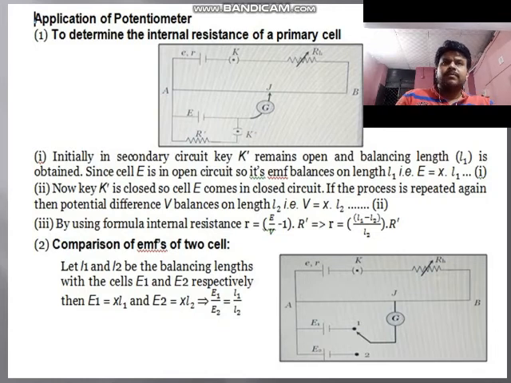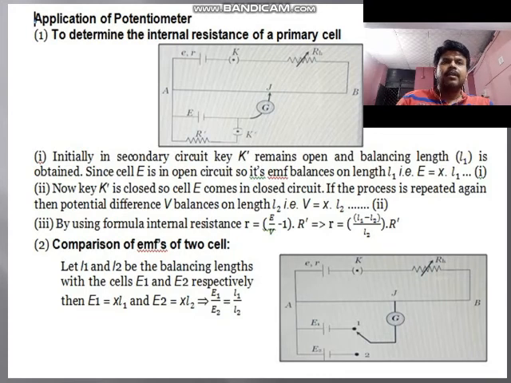Next, now K prime is closed, so that cell E comes in closed circuit. If the process is repeated again, then the potential difference V balances on length L2. That is, V is equal to X times L2.